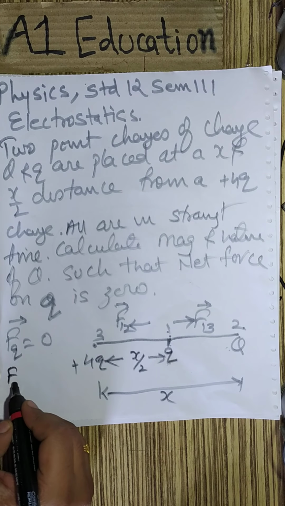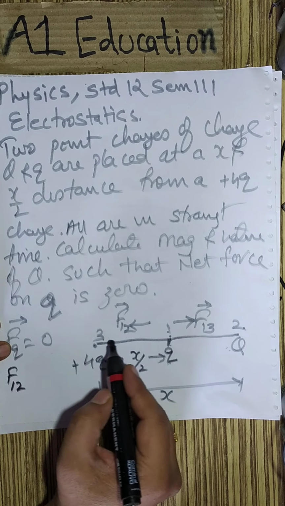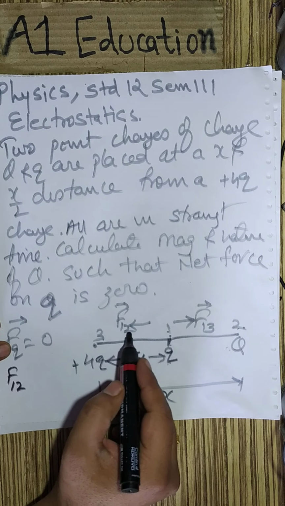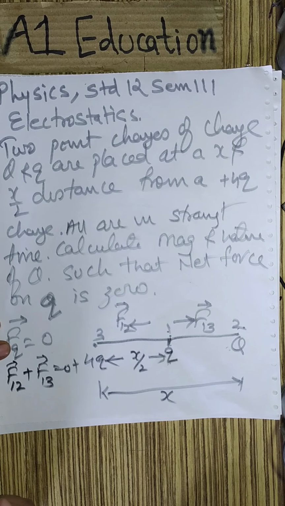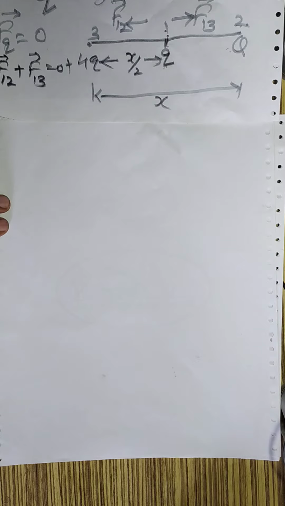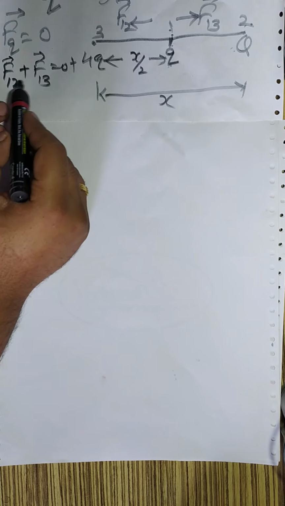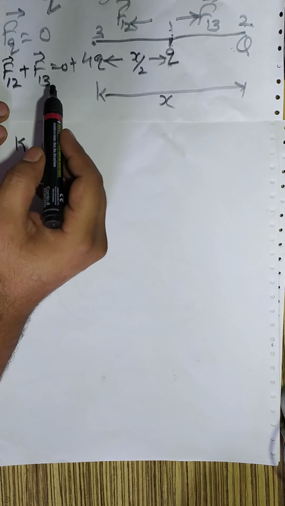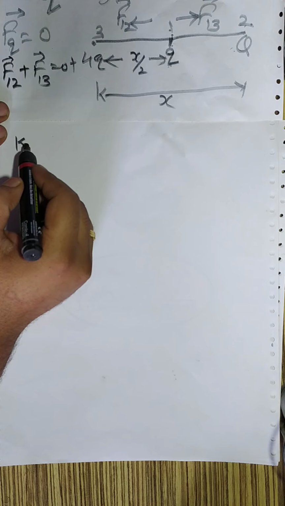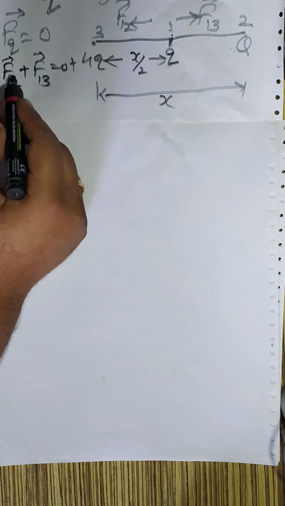So further we can write force on 1 due to 2 plus force on 1 due to 3, which is 0. Simplifying further, we know that forces are vector quantities. They have magnitude as well as direction. So first we will write down the magnitude and then we will add the vector notation.